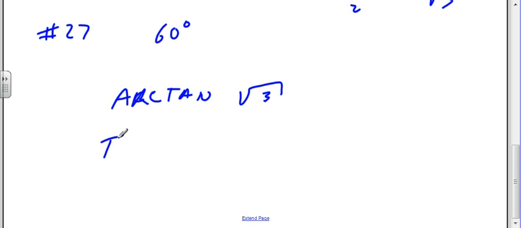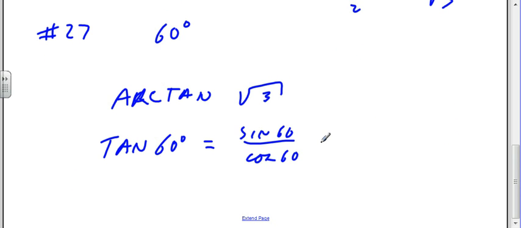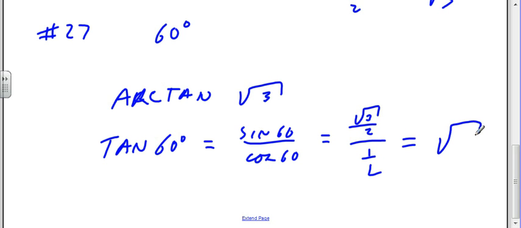Well, we remember that the tangent of 60 degrees is the sine of 60 over the cosine of 60, right? And this is square root of 3 over 2, and this is 1 over 2, and that becomes square root of 3. So, of course, the answer was obviously 60, and that's why I wrote down 60 to begin with.